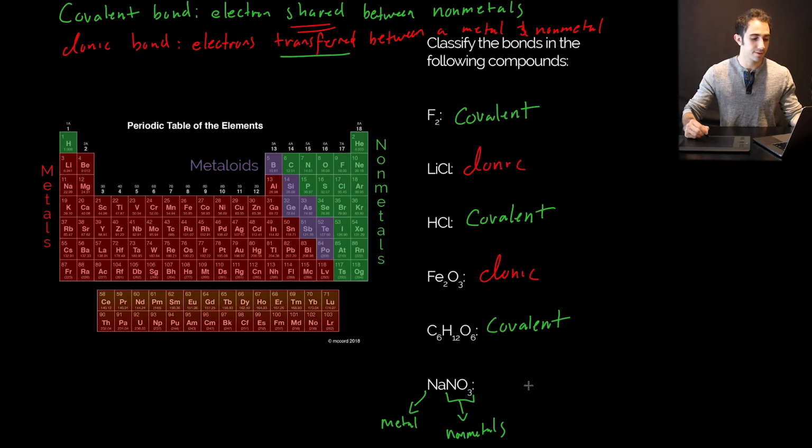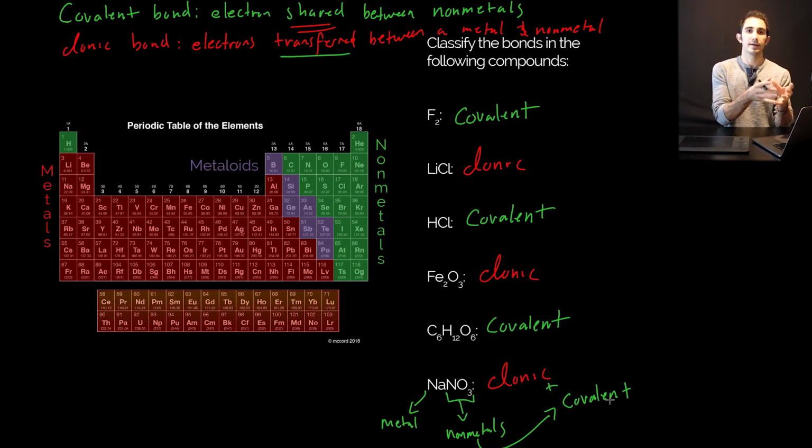And so this is definitely going to be an ionic compound, because it has an ionic bond between the sodium and the NO3 minus. But that NO3 minus itself has covalent bonds in it. So it is both. It is definitely an ionic compound, but it also has covalent bonds in that nitrate ion.